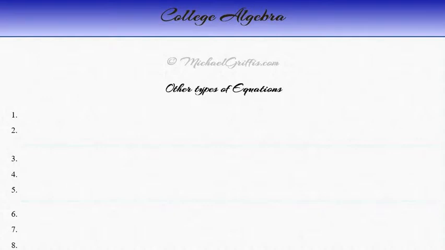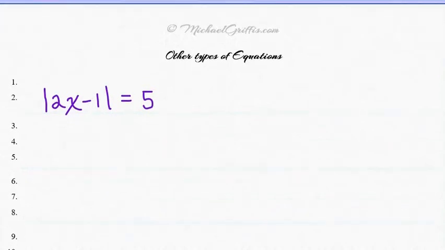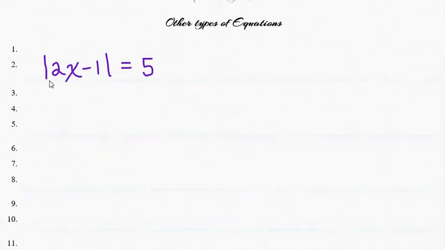Okay, so let's take a look at the absolute value of 2x minus 1 is equal to 5. So we want to find the solution to this absolute value equation. That's the goal. And the way this works is we drop the absolute value bars.